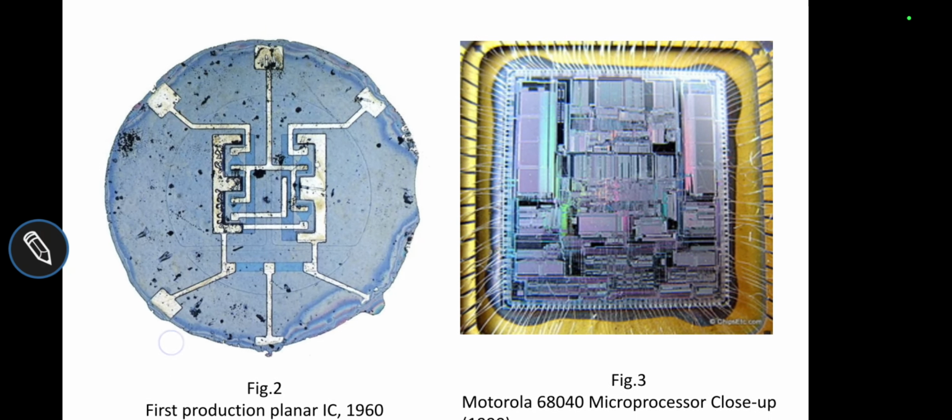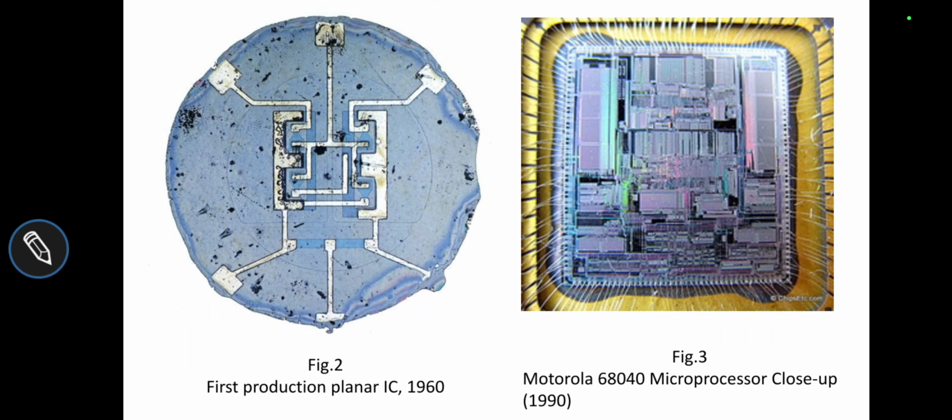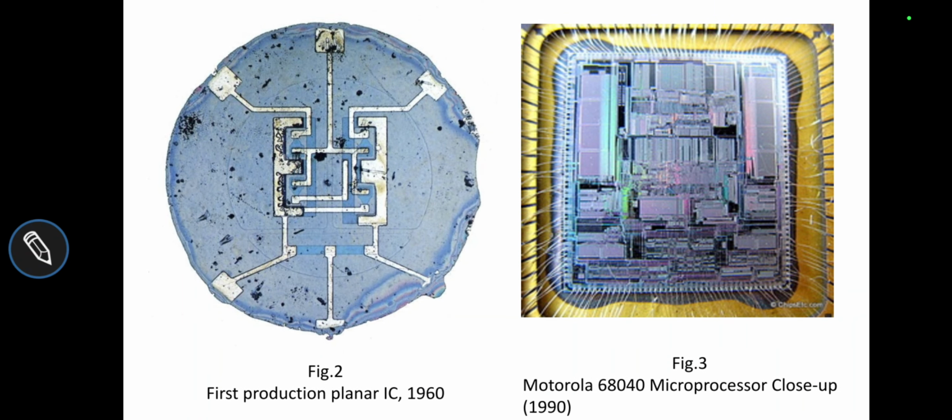Then in the 1950s, after 1946, around 1948 and the 50s, they introduced the bipolar junction transistor, and at the same time they invented the IC form of the design.